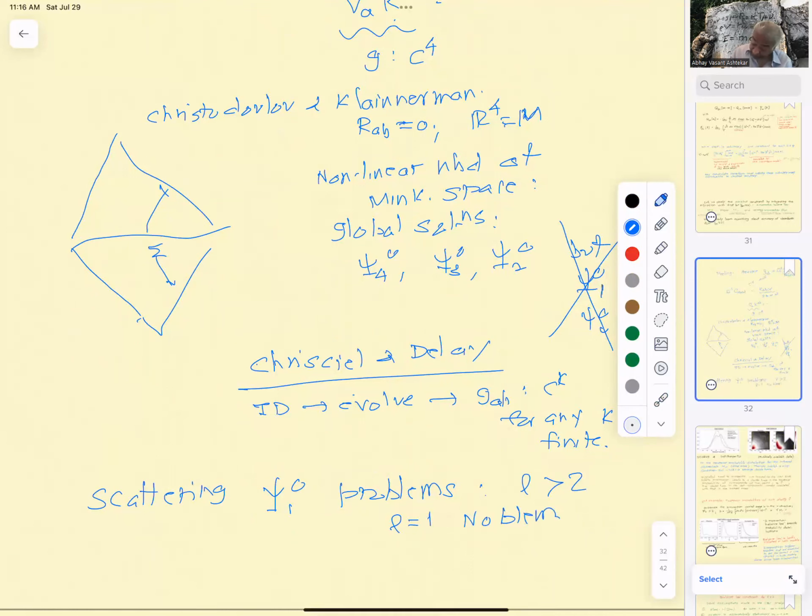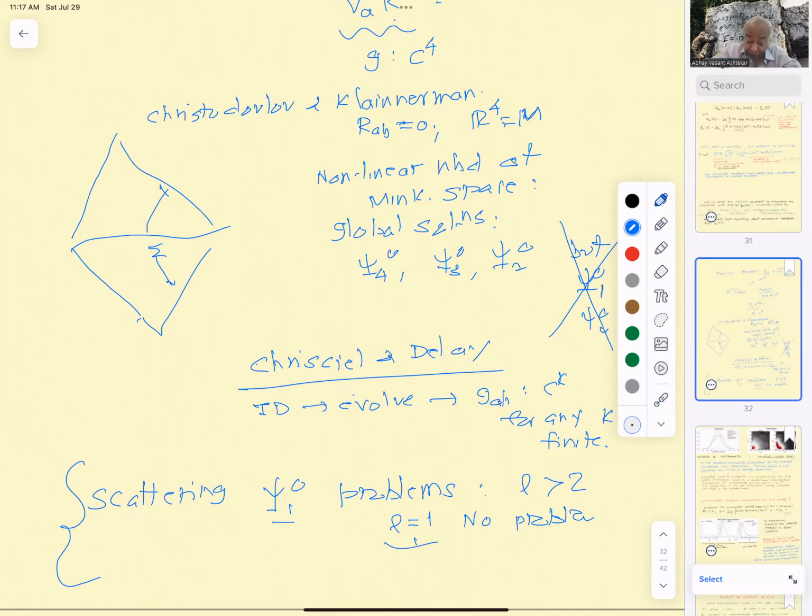And the point is that what I'm saying up here is my current expectation that there will be no problem for psi1 naught for l equal to 1. And what enters in the angular momentum formula is only the l equal to 1 mode.